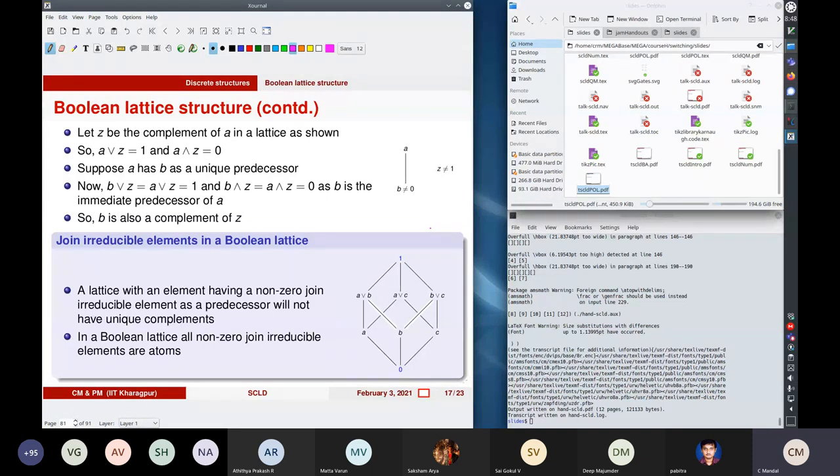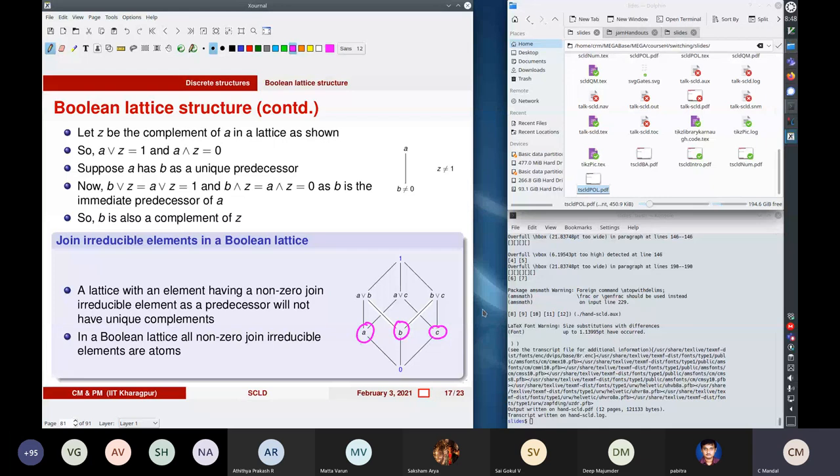These are the only non-zero join irreducible elements. You can't have any other join irreducible elements in a Boolean lattice. That's a very interesting property.